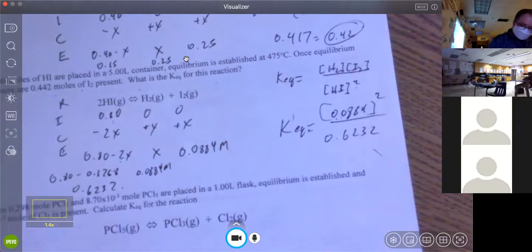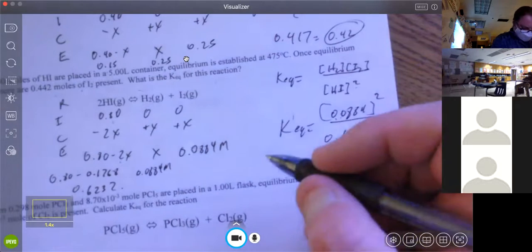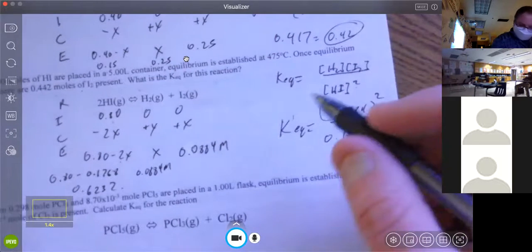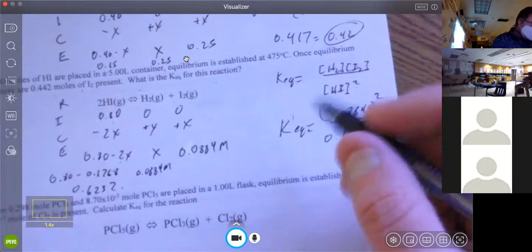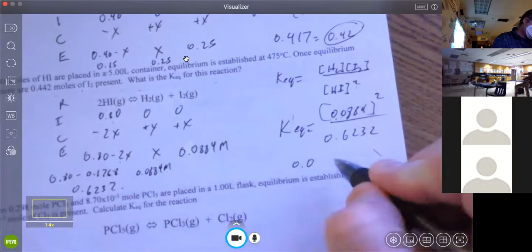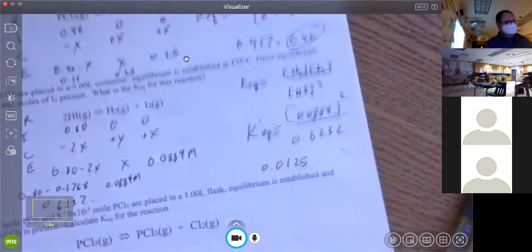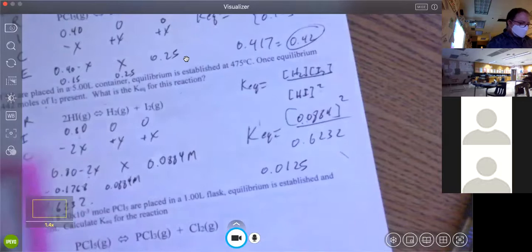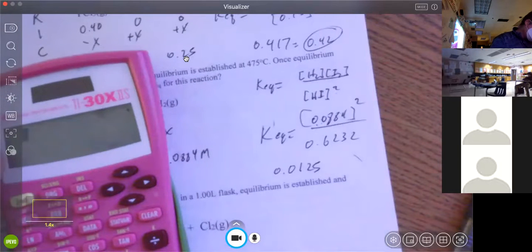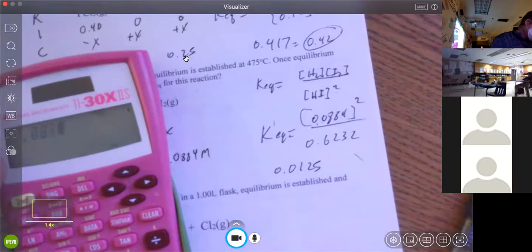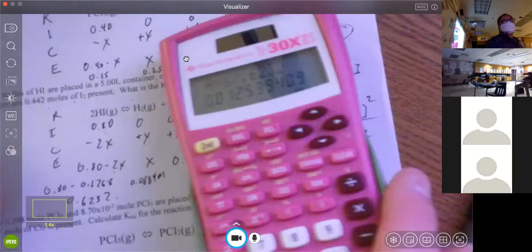The answer is 0.0125394, 0.0125. Right? Check it. Recheck the watch. It doesn't do squares and stuff like that already. 0.84 squared divided by 0.62. Yep, yes, got it.